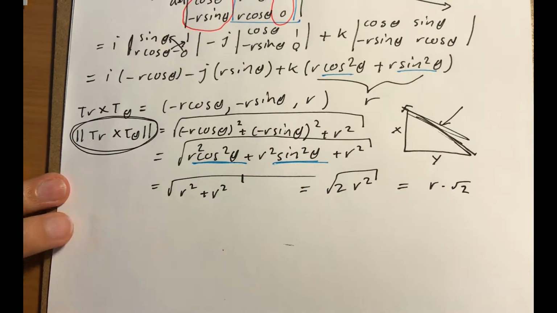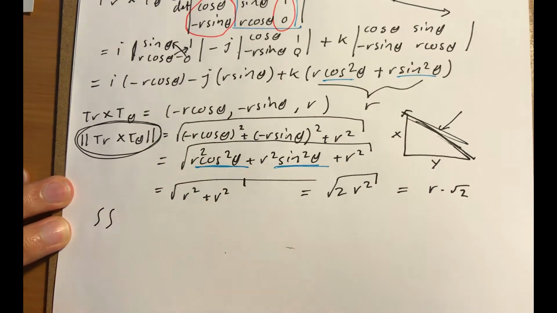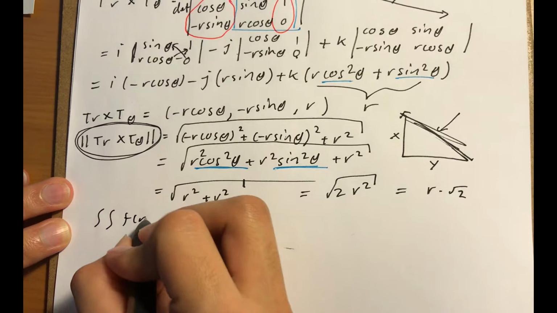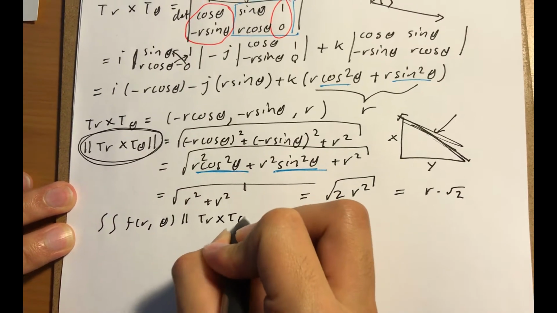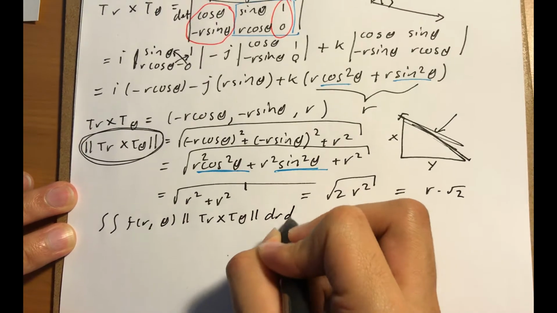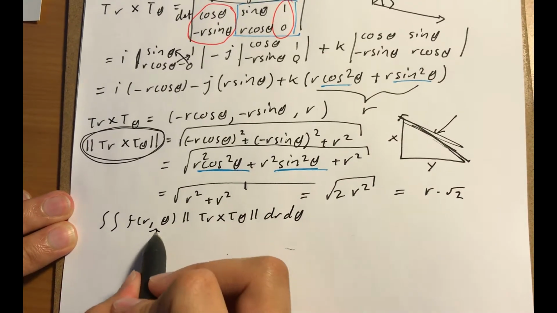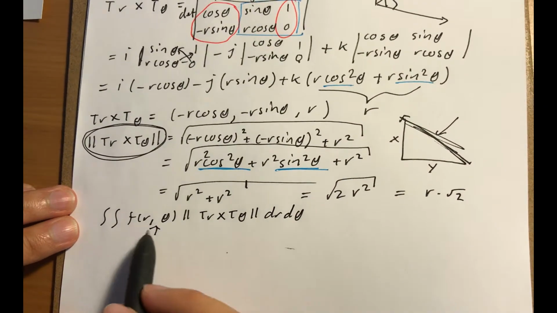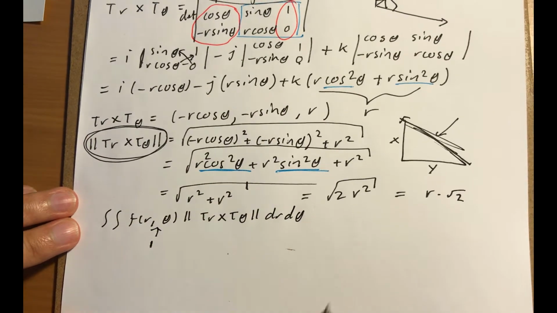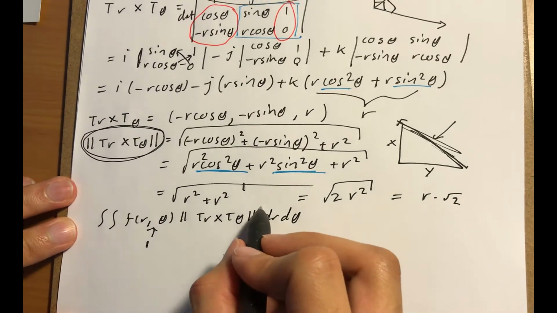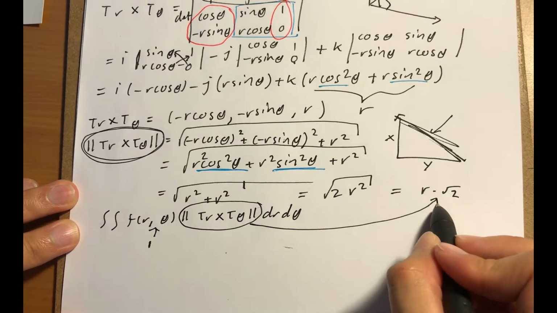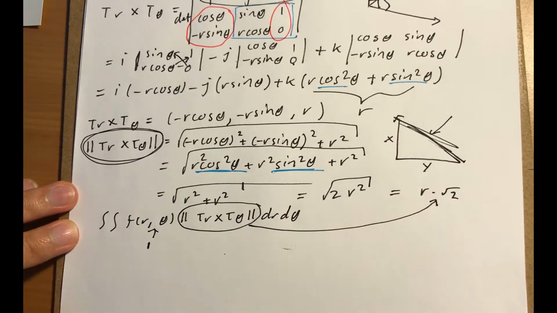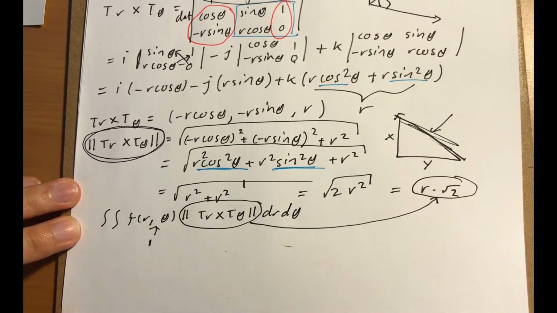And now we just fill in the missing pieces of our formula. The function of r and theta was just 1. And then we found this cross product, and the norm of this normal vector is equal to this right here.